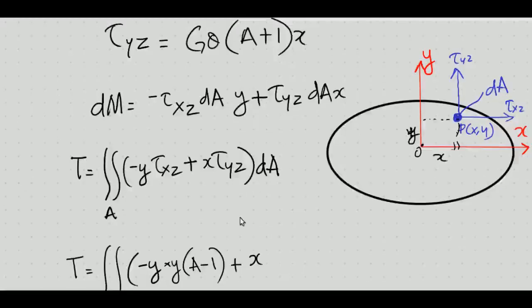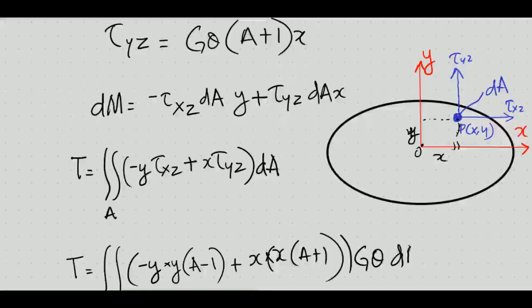Oh sorry, the G theta term is there. That we will take, and here also we can write x into (a plus 1), and we have the common G theta term, so we can write G theta here and dA.